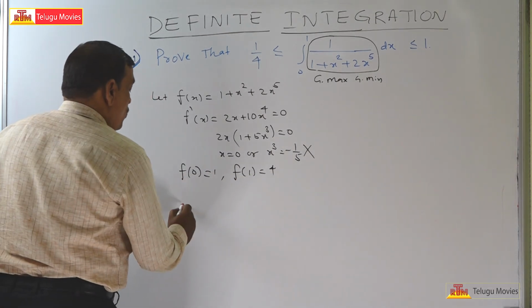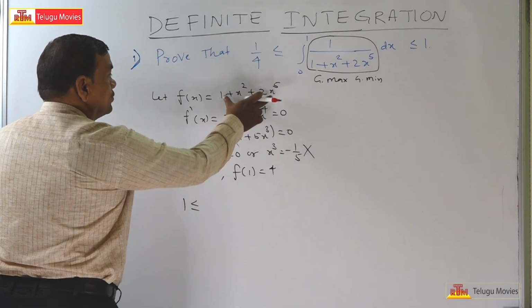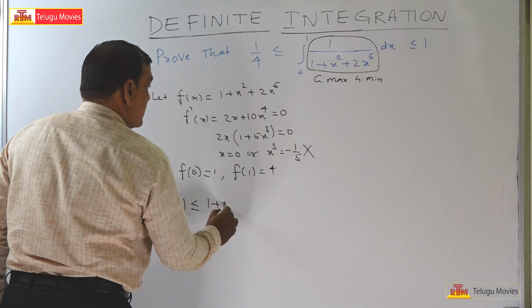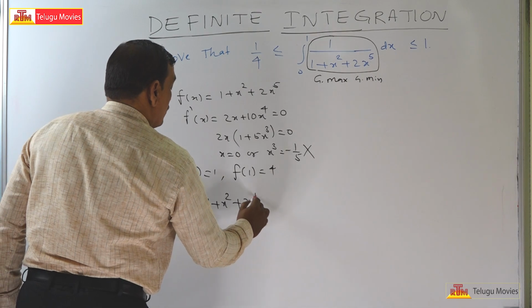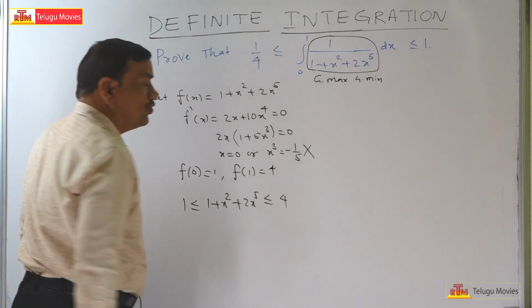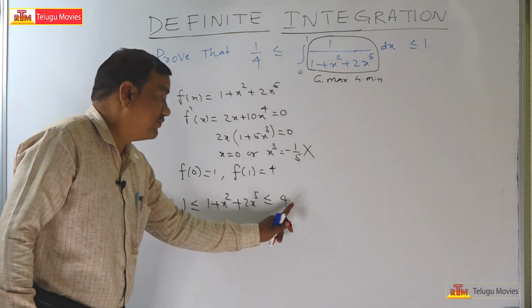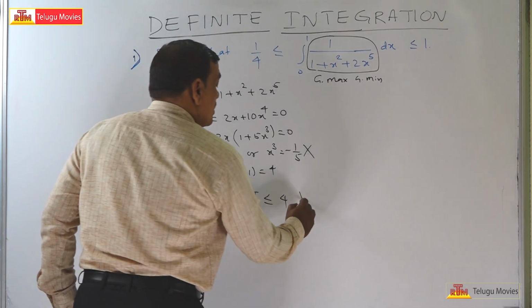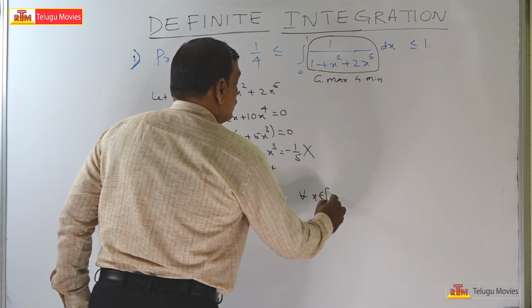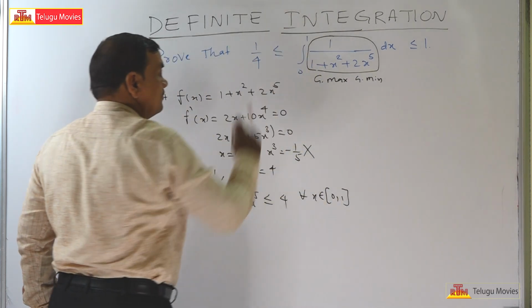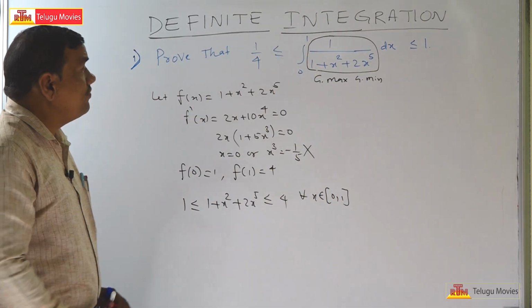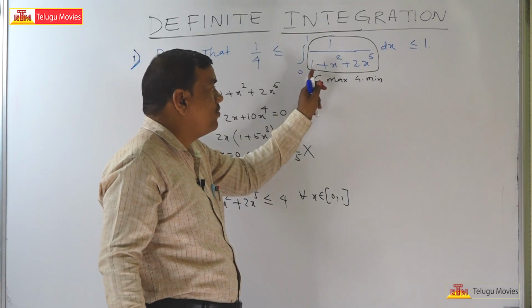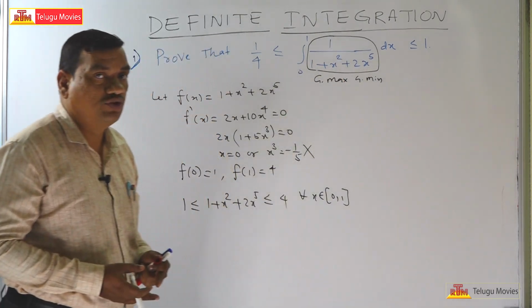That means 1 is less than or equal to your function 1 plus x square plus 2x to the power of 5, which is less than or equal to 4. So its maximum value is 4 and minimum value is 1, for all x belonging to the closed interval 0 to 1. But we want 1 upon 1 plus x square plus 2x to the power of 5.